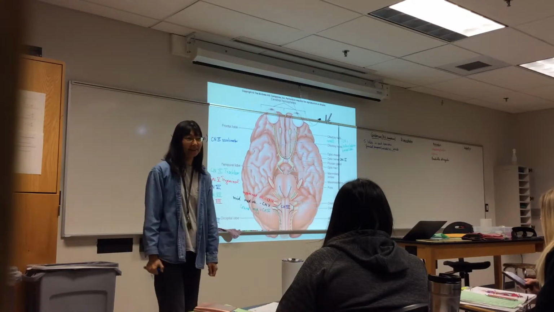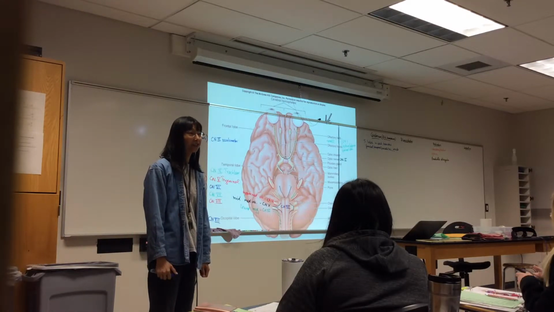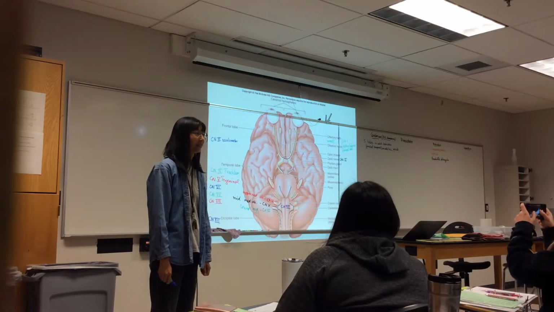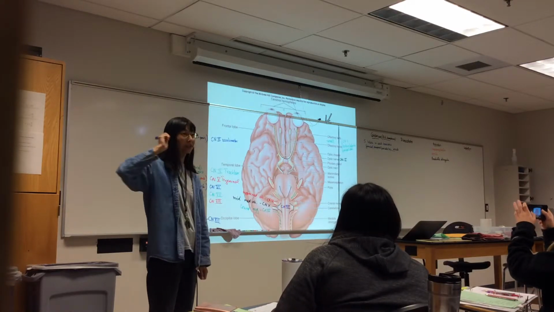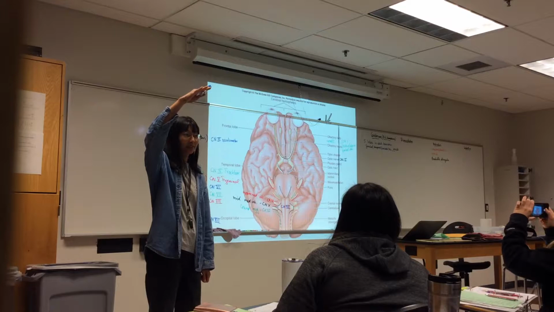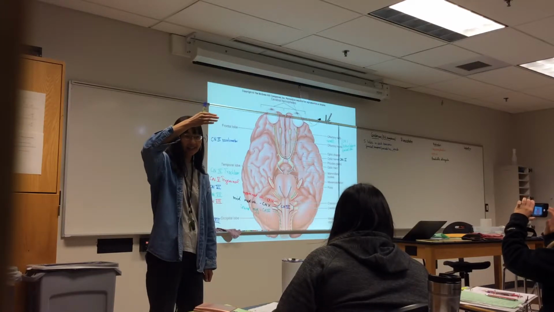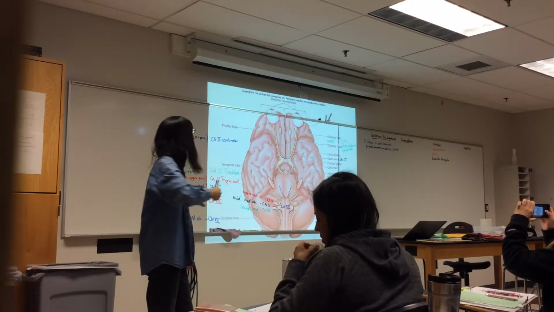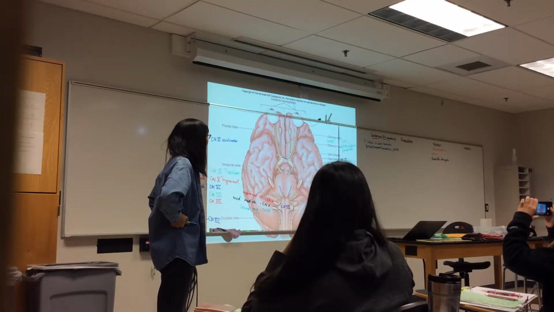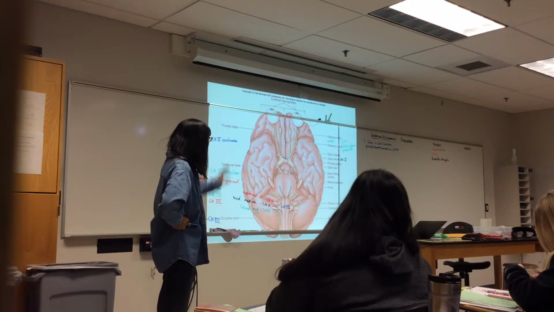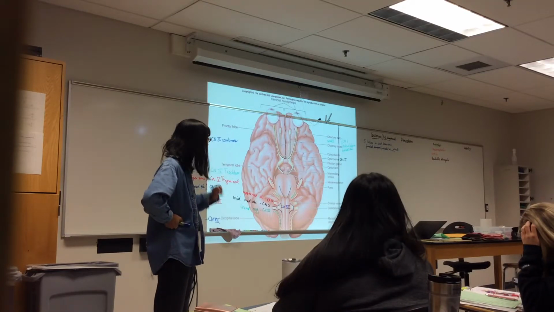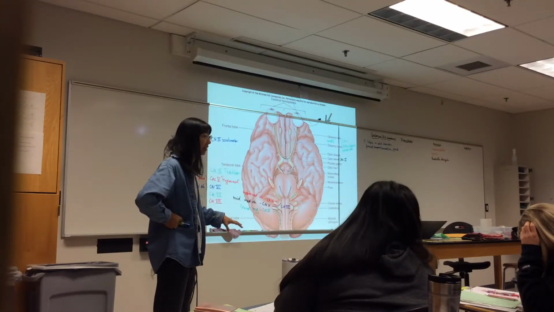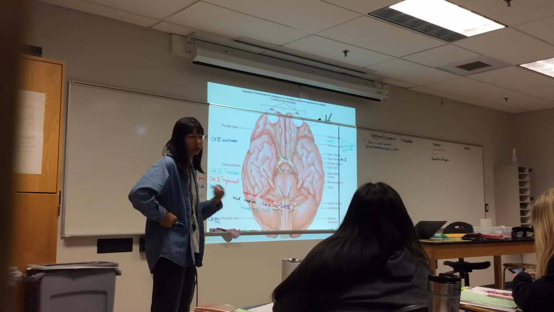Do you see a pattern for these cranial nerves? Where do we start? We start at the front, right? And we work our way down the brain. Make sense? So just to get you started, you just kind of go in order until you become familiar. Then you don't have to go in order anymore.